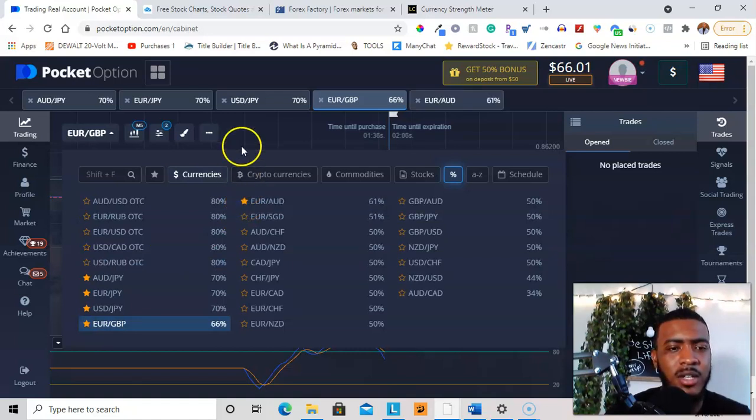OTC is very volatile and doesn't trade like the normal market does. OTC means trading done after hours, when the market isn't open. For example, the stock market opens at 9:30 Eastern Standard Time and closes at 4 p.m. Eastern Standard Time. If you're trading after those hours, you're trading OTC.